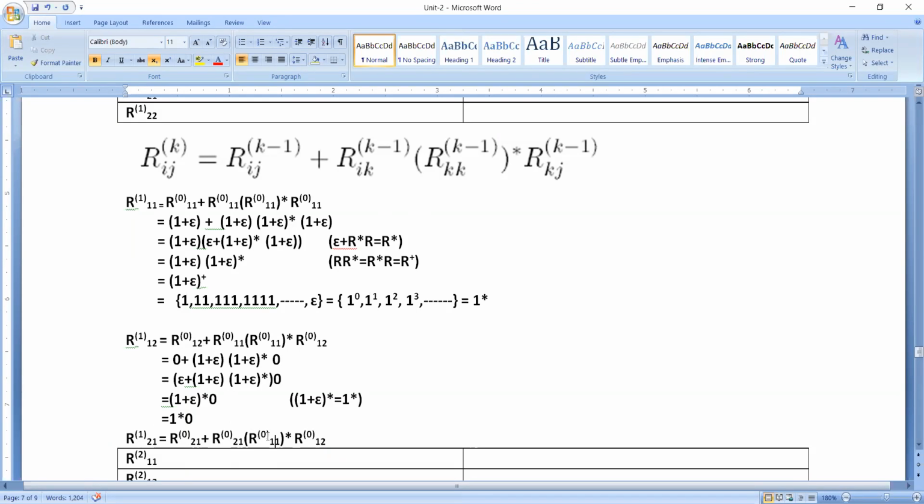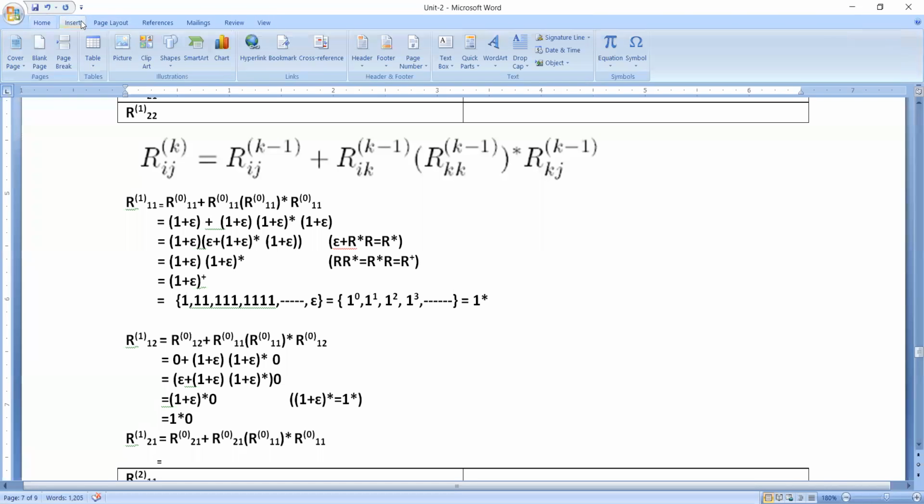R11 power 0, no problem. And here you will get k j. What is k here? 1, and j is 1. This is what we are going to get. Next, here we need to find out what is R21 power 0. As we don't have any transition, it is 5.